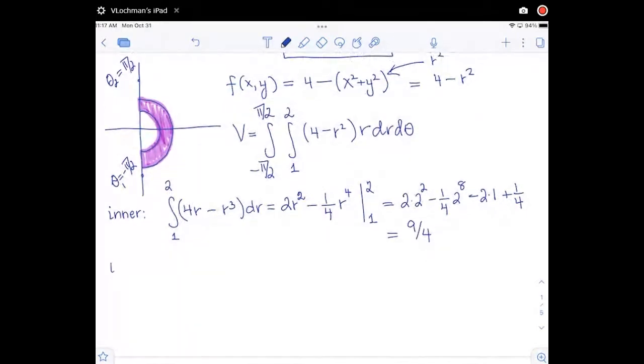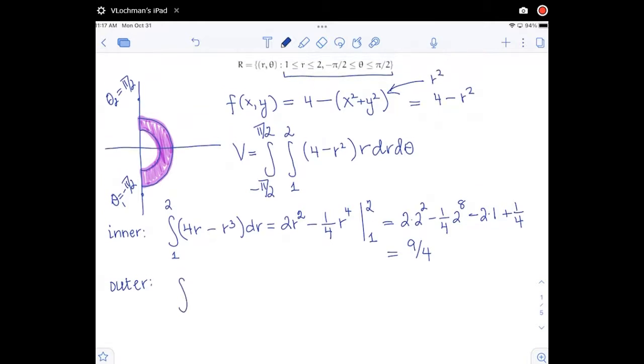Okay, and then the outer integral is then simple because it doesn't even depend on theta, right? So that's nice. That's just 9 over 4 d theta. So we get, this is theta, evaluated from negative pi over 2 to pi over 2.